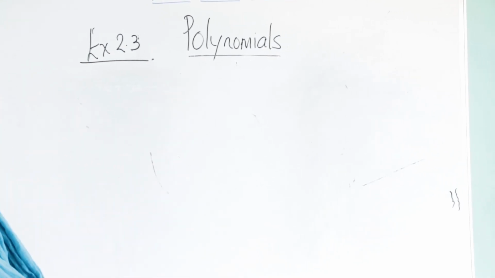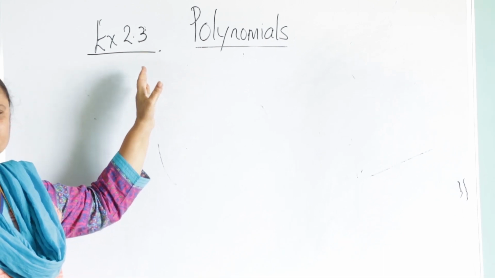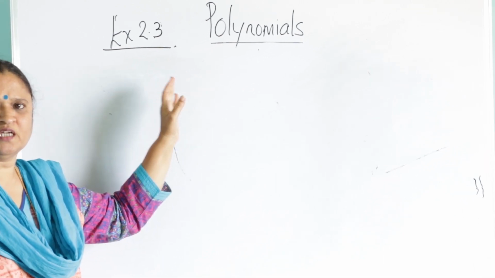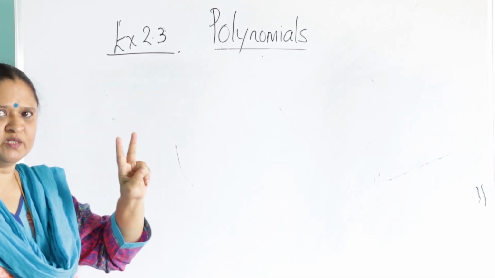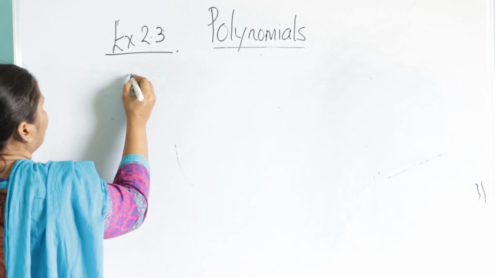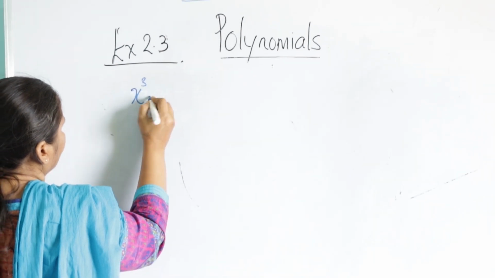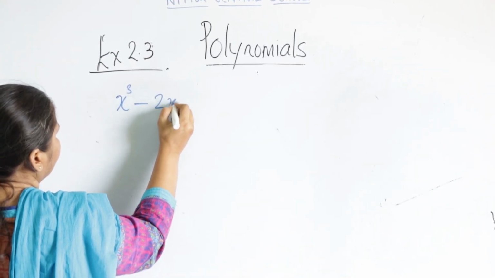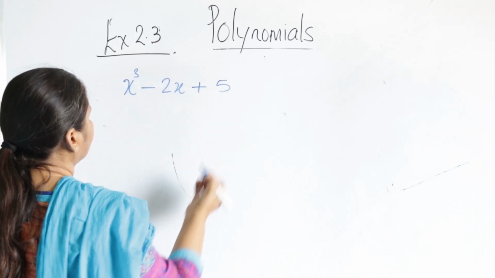Solving any problems on polynomials, especially finding g of x, r of x, q of x, you should remember two important points. Now let us consider this polynomial x cube minus 2x plus 5.